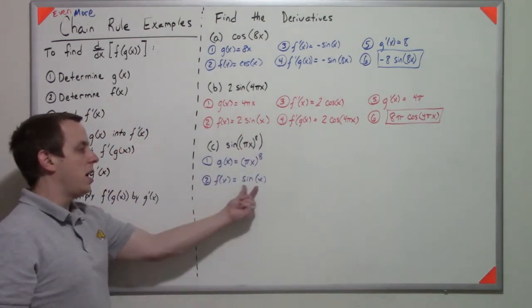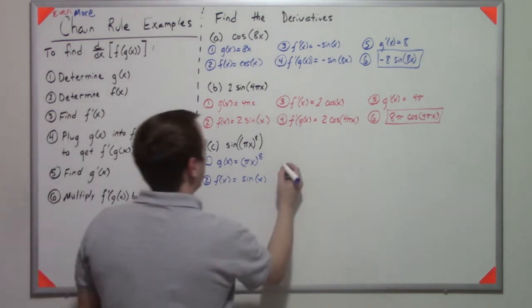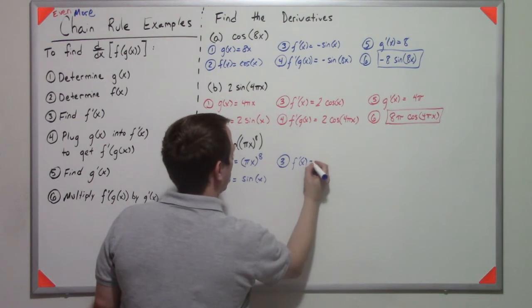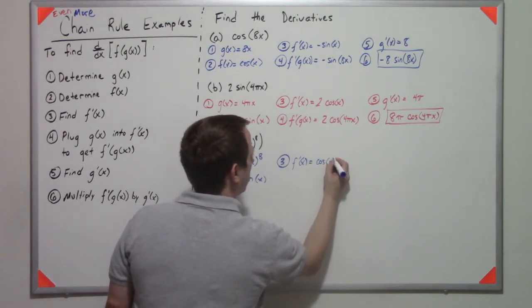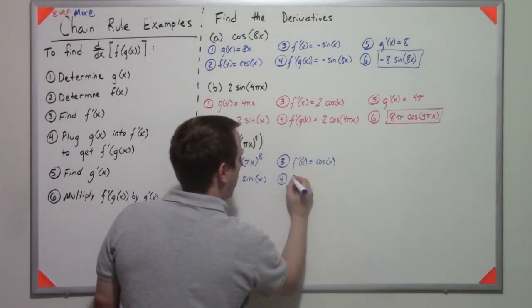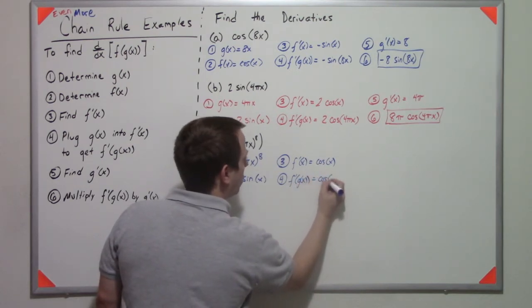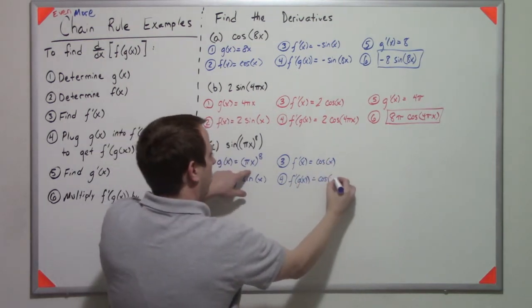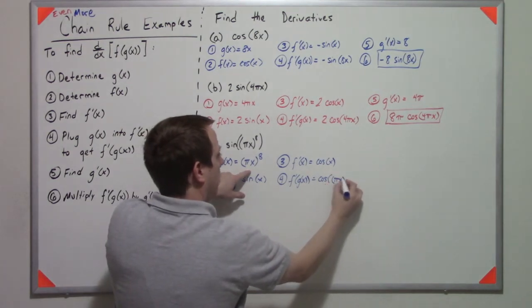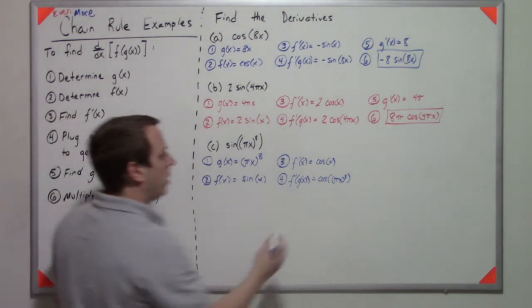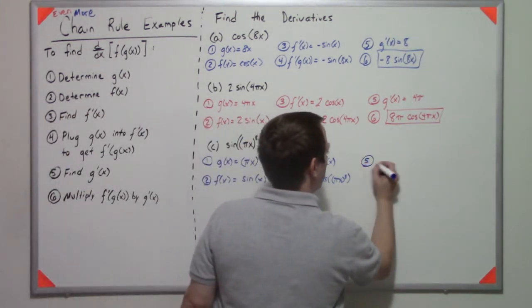Now, when we do f prime of x, we get cosine of x. When we do f prime at g, we do cosine of pi x to the 8th. Okay. But now we need g prime of x.